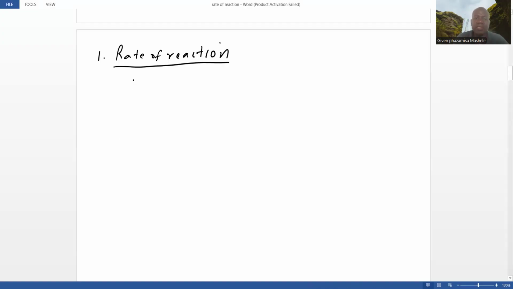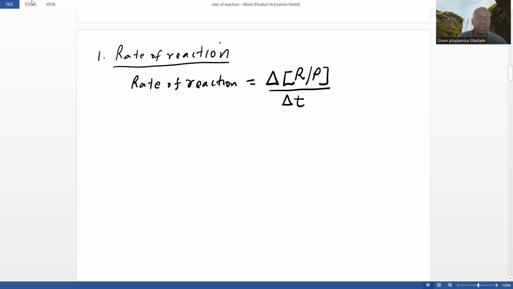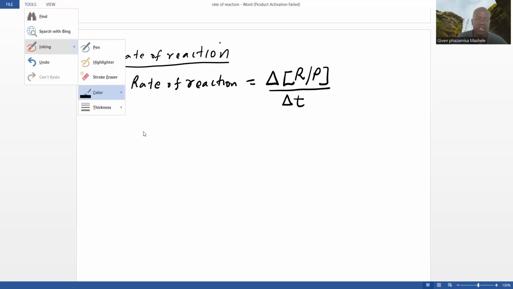When we are determining the rate of reaction, there is a formula: rate of reaction is equal to the change in concentration of R/P divided by the change in time. So what does this delta stand for? The delta stands for change.